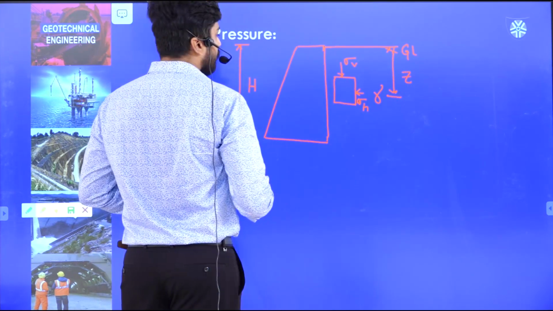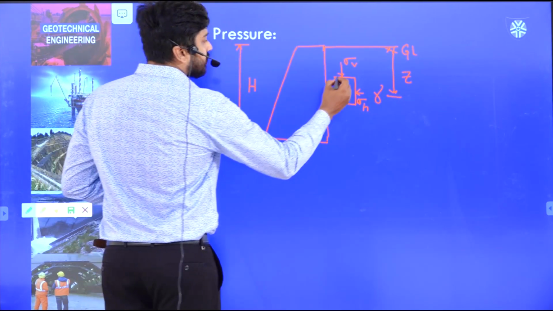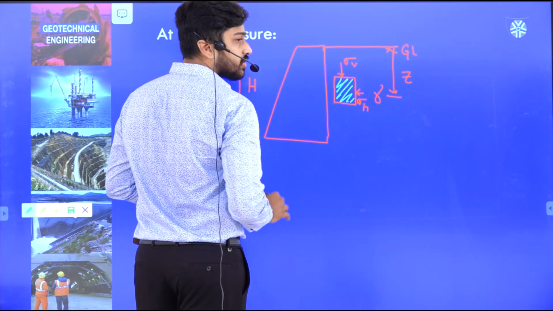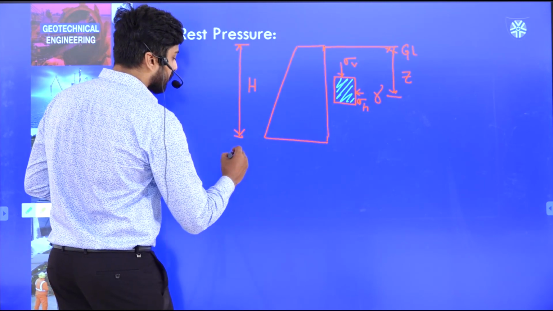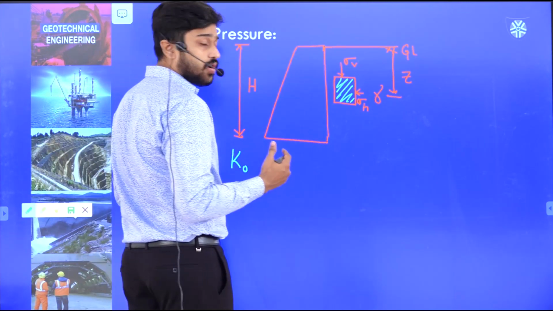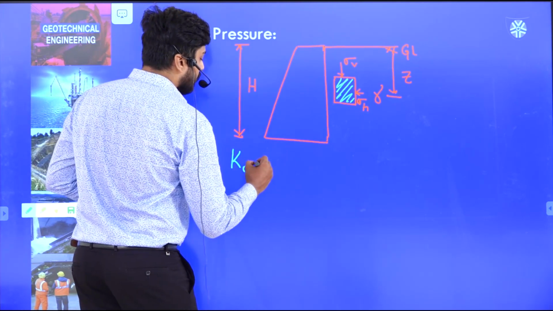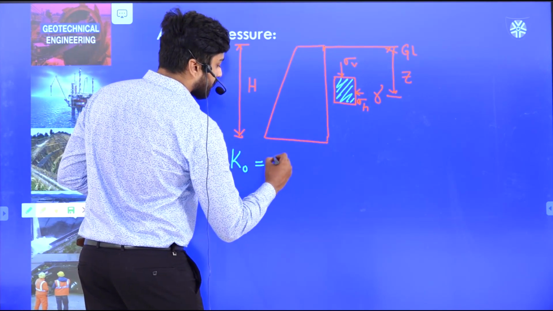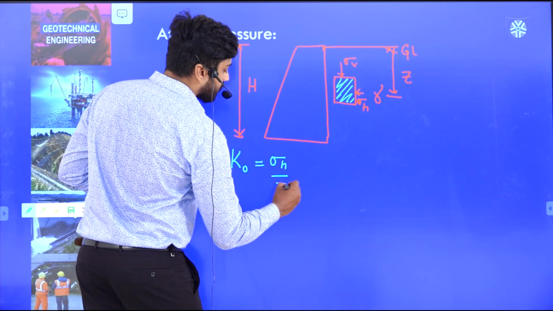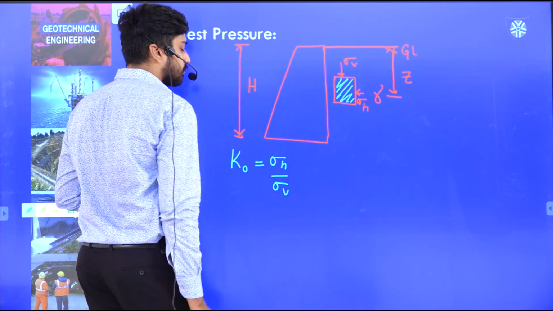Since this is the soil element, for this particular soil element we know that the coefficient of lateral earth pressure K naught is given by sigma h by sigma v.